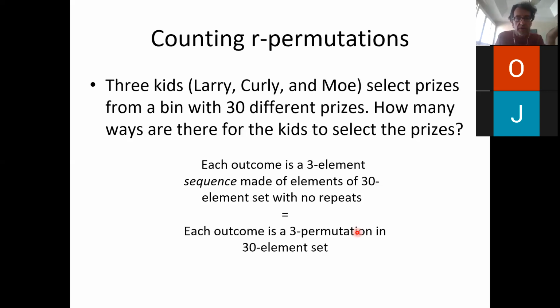So if you think of it this way, it's the set of 3-permutations, sequences of length 3 out of a set of 30 elements with no repeats. So it's 30 times 29 times 28.